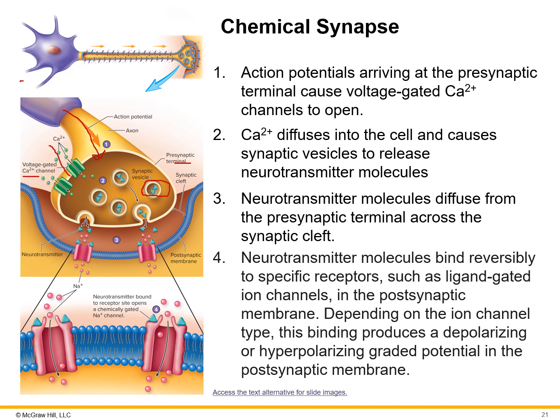So now calcium is going to rush into this axon terminal, and that causes these synaptic vesicles to fuse or join with the membrane, and it releases those neurotransmitters into the synapse. Then the neurotransmitters are going to bind to ligand-gated ion channels. And the binding of them would open up the channel and allow the ion to come into the postsynaptic membrane.